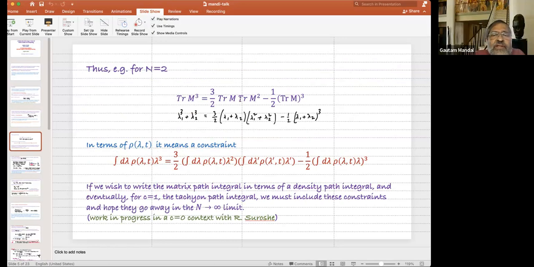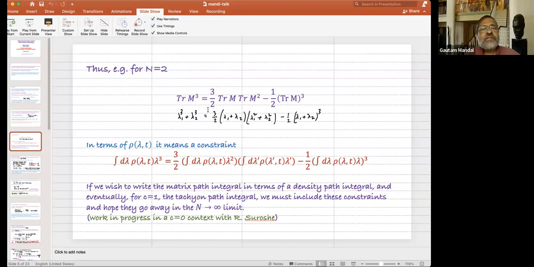So trace M and trace M squared are the only independent ones for N equal to 2, and similar statements can be easily obtained for arbitrary capital N. However large N is, there are always these identities.